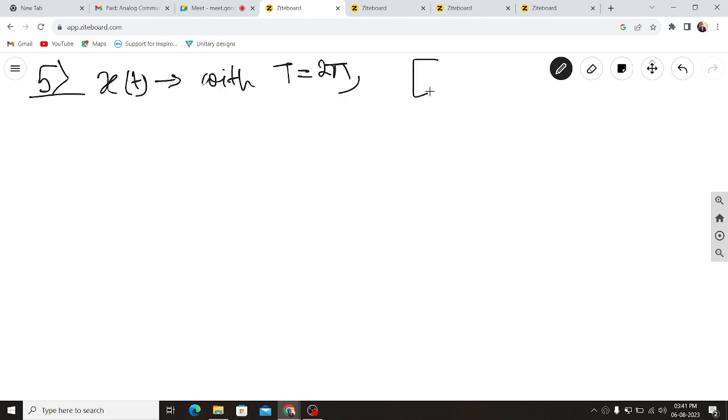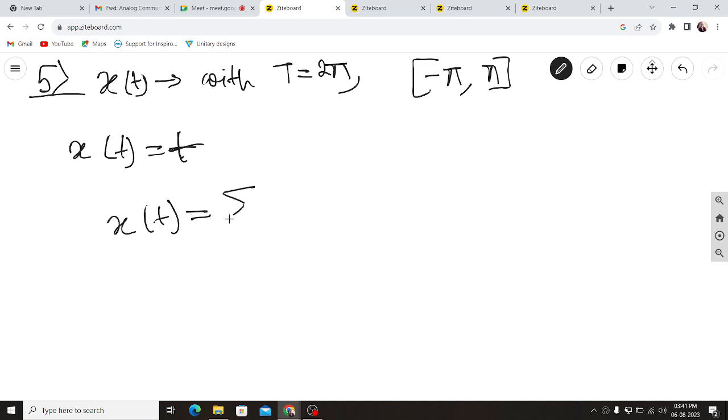We define the period also like it is from minus pi to pi, not 0 to 2 pi. So within this time period, xt is equal to t.